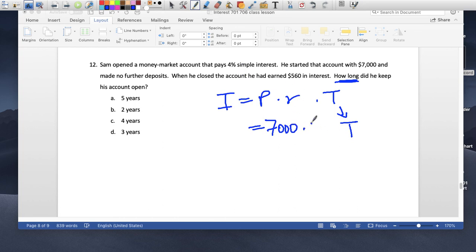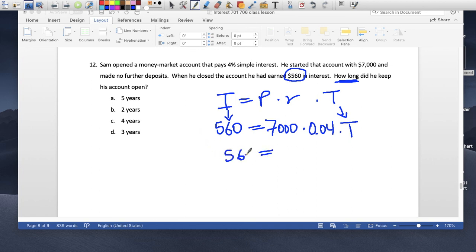Yeah, it's 4% or 0.04. And do we know how much he made when he deposited $7,000? Yes, right here. He earned $560.